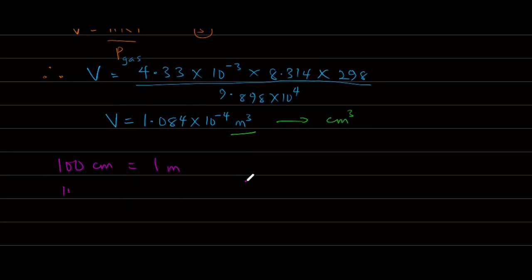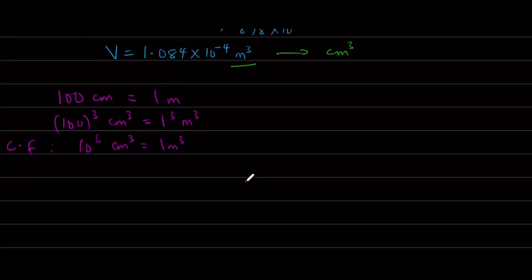That means 100 raised power 3 centimeter raised power 3, then 1 raised power 3 and m raised power 3 as well. So here we have 10 raised power 6 in centimeter cube equals 1 meter cube. This represents the conversion from centimeter cube to meter cube or meter cube to centimeter cube.